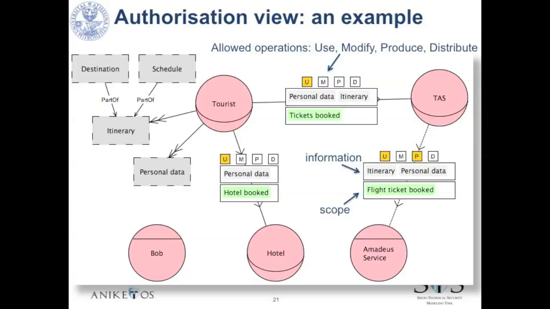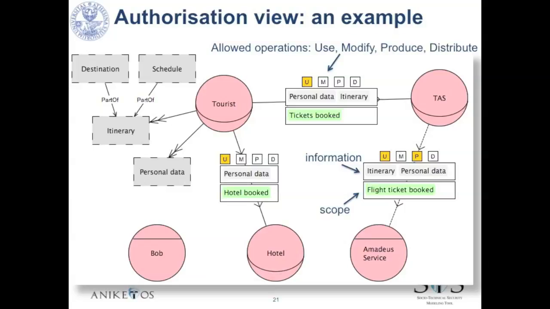Since he's given the right to further transfer or propagate these authorizations, he's actually passing these rights to the Amadeus service, with whom he's interacting to get flight tickets booked. So he's passing the authority to use and produce itinerary and personal data in the scope of flight tickets booked.